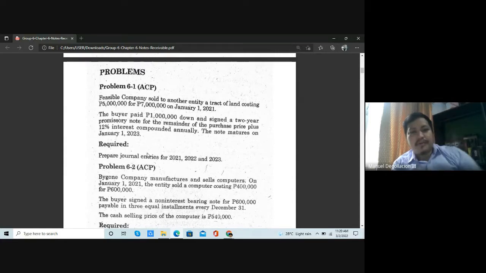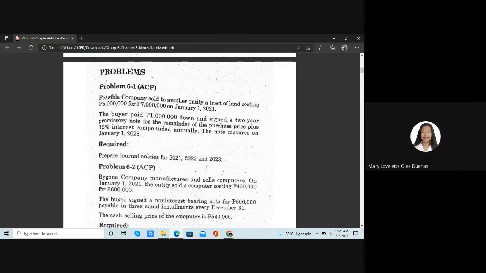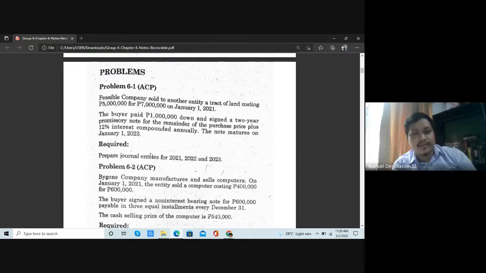On December 31, 2021, your entry was debit accrued interest receivable and credit interest income in the amount of 720,000. Will your entry on December 31, 2022 be exactly the same? No, sir. So give us now your entry.